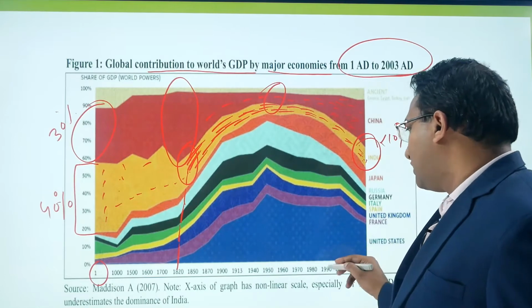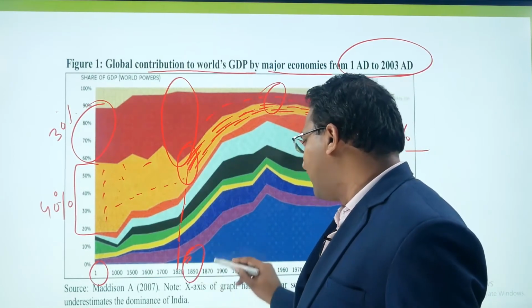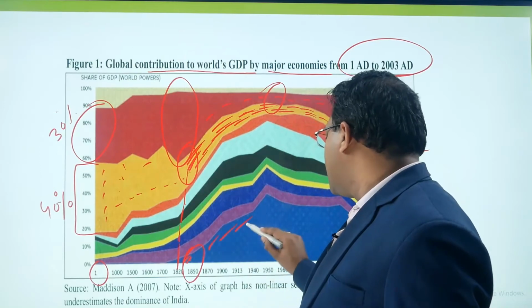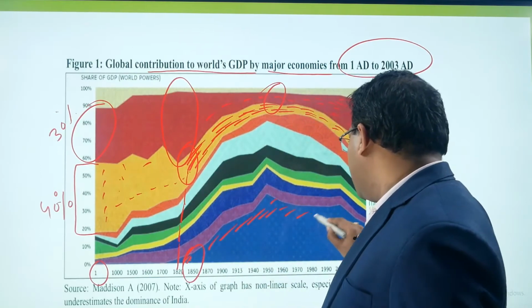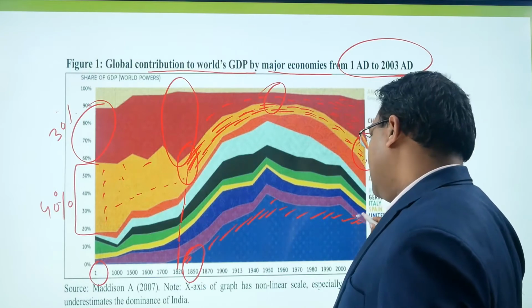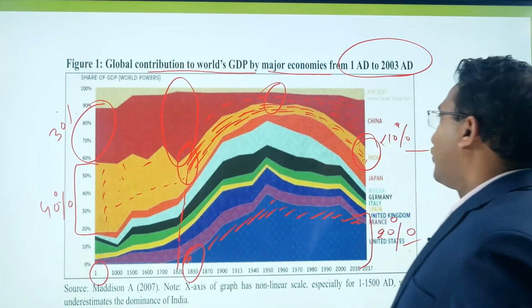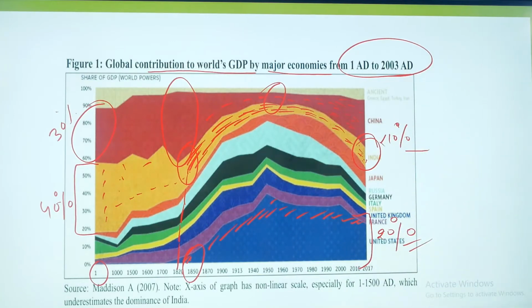Now USA. The contribution of USA was very, very less in the 1850s itself, but it increased a lot, and you can see the contribution of the USA economy is almost 20%, which is the highest one as of now. Right?